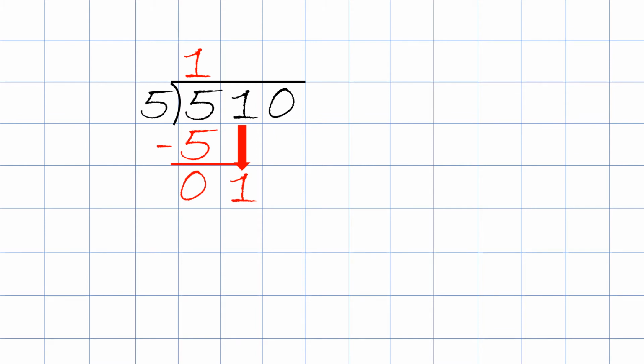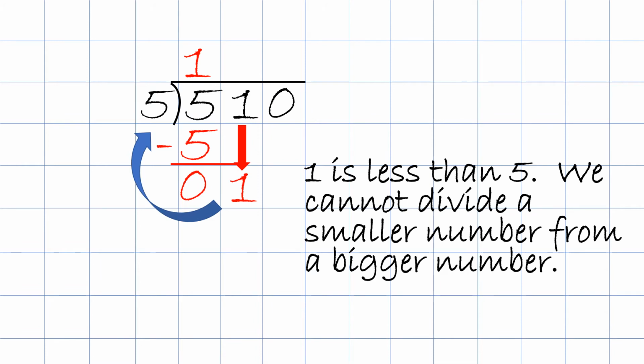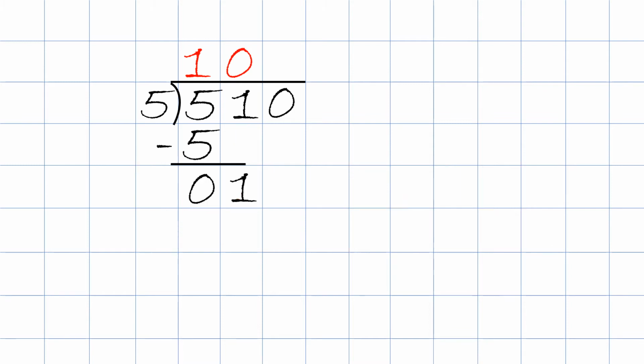So now we take 1 divided by 5. But since 1 is less than 5, we cannot divide a smaller number by a bigger number. Otherwise, we'll get a decimal. So the answer will just be 0. We put 0 over the 1. So every time a smaller number is divided by a bigger number, we just write 0.